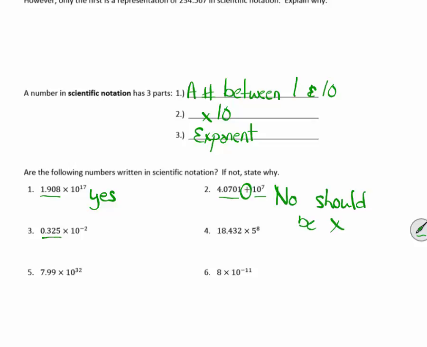Okay, let's take a look at number 3. I have a number out front, but it is not between 1 and 10. So this is a no. 0.325 is too small in this case. Okay, let's take a look at over here. I have a number out front, not between 1 and 10.